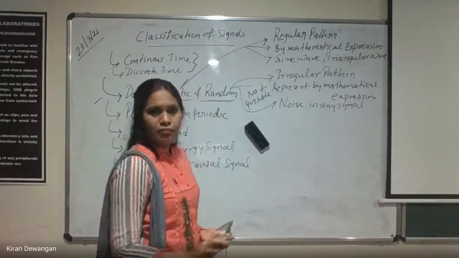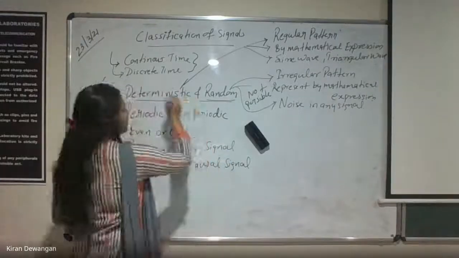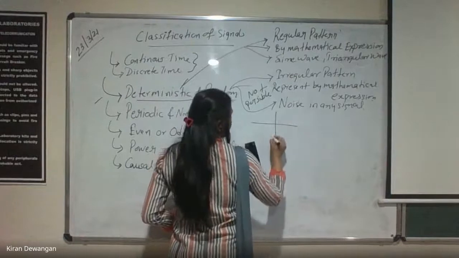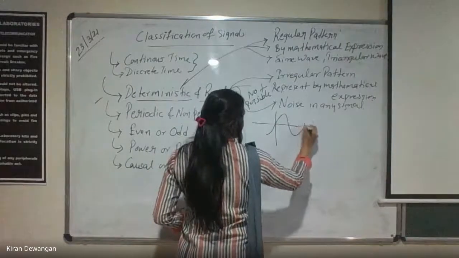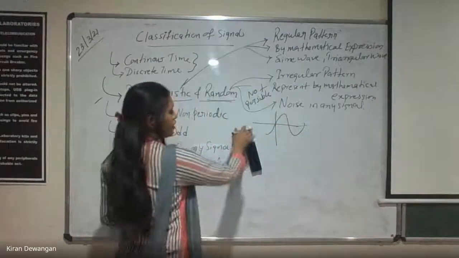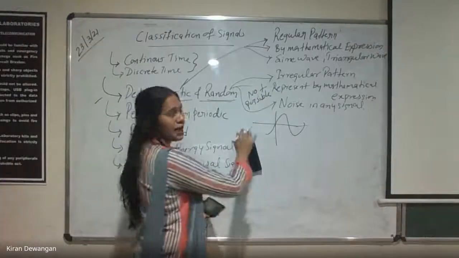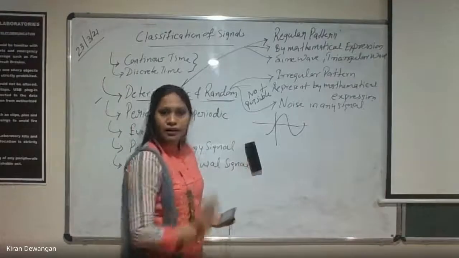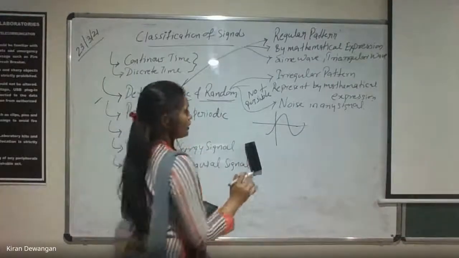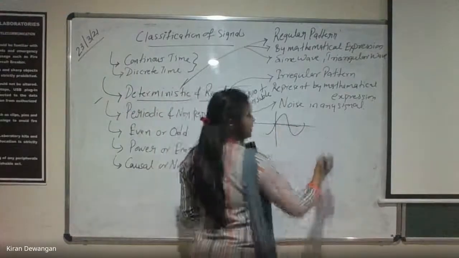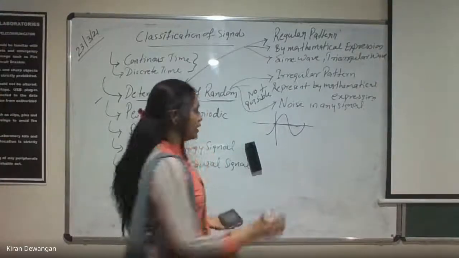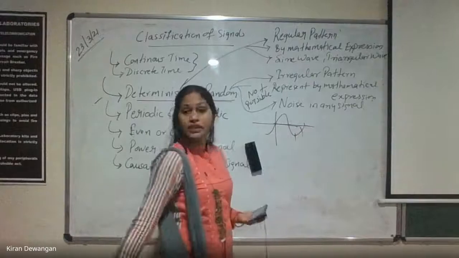It is very simple to differentiate them. Deterministic signal, example, as we all know, it could be either any of the curve like this, which has a regular pattern, which can be easily represented by any of the mathematical expression. And one more point that we can add, that we can find the angle, frequency, amplitude at any point of time of these signals.